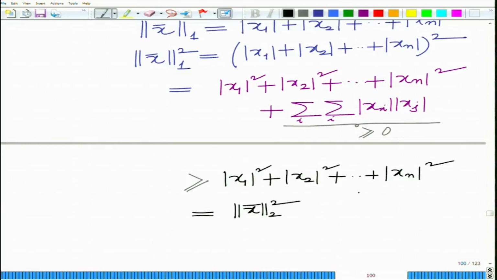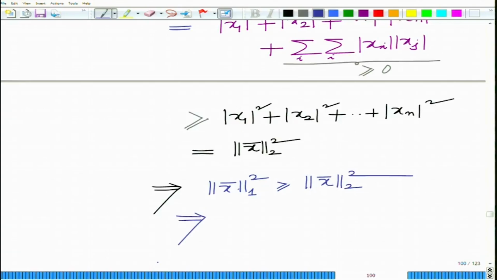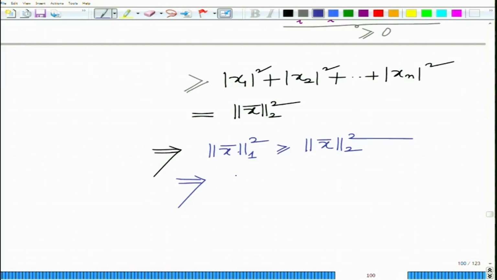So we have that the 1 norm square is greater than or equal to the 2 norm square, and since both quantities are positive, this means the 1 norm is greater than or equal to the 2 norm.